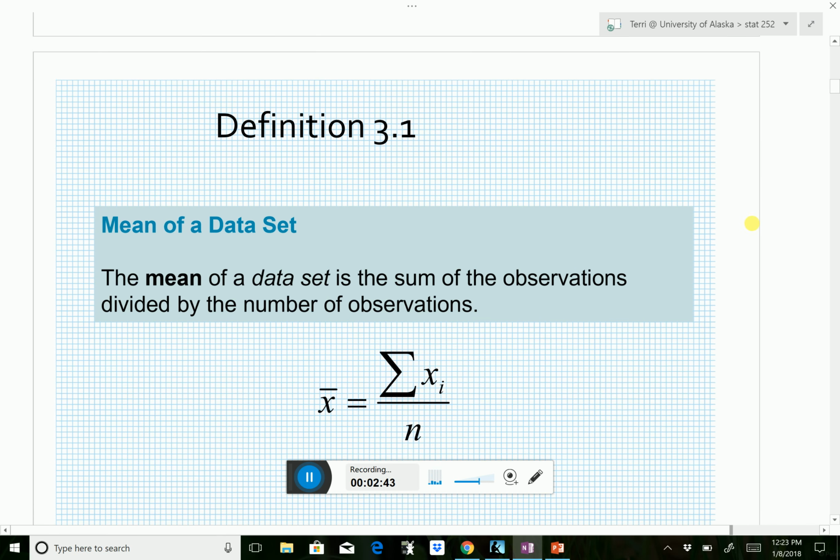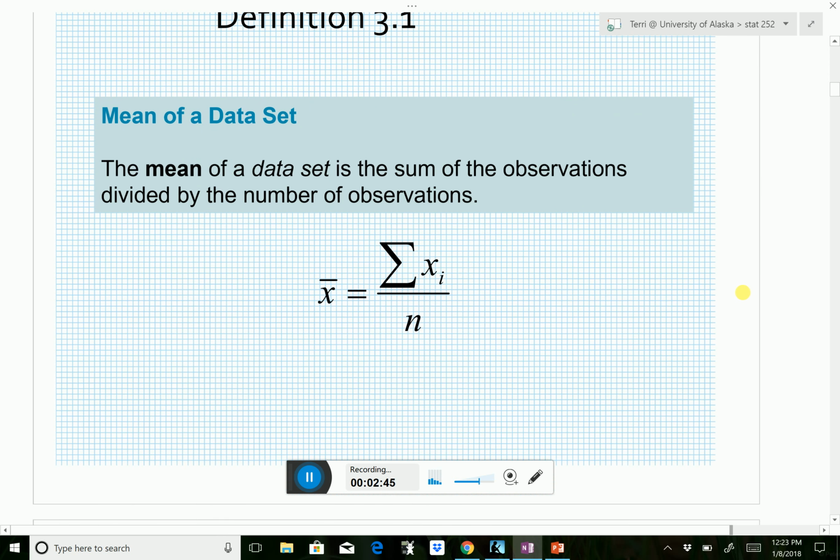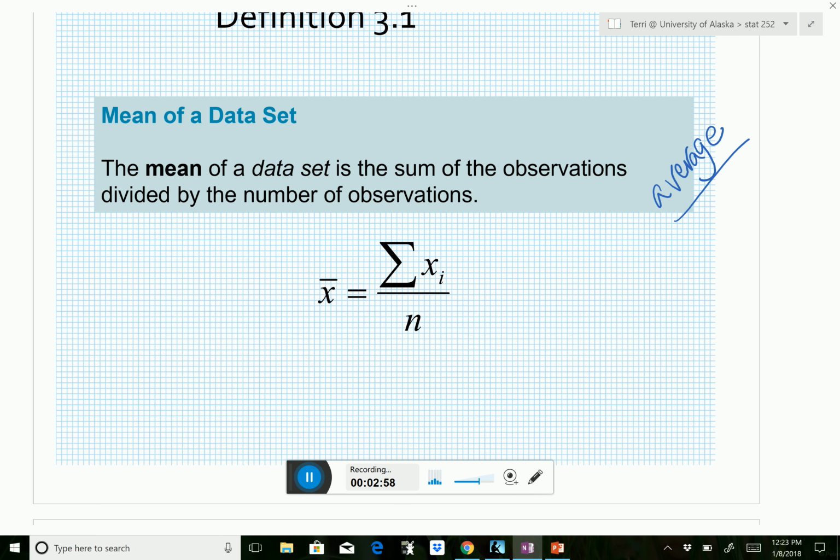So this brings me to my first definition, which is the mean of a data set. Like we said in the beginning with that joke, the mean is just a fancy word for the average. Is mean any fancier than average? Average is a little fancier.